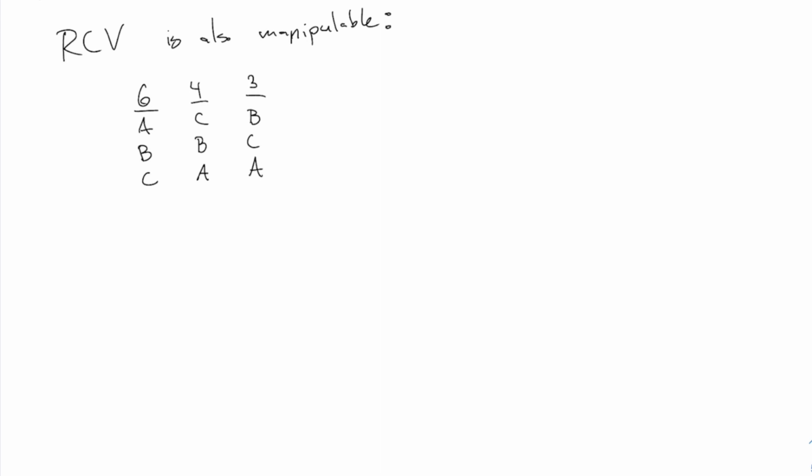Whatever. Anyway, can we just see this one? If we do ranked choice, what happens here? In round one, you can see B will be eliminated. Round one, I look just across the top, and A has 6 votes, C has 4, B has 3.